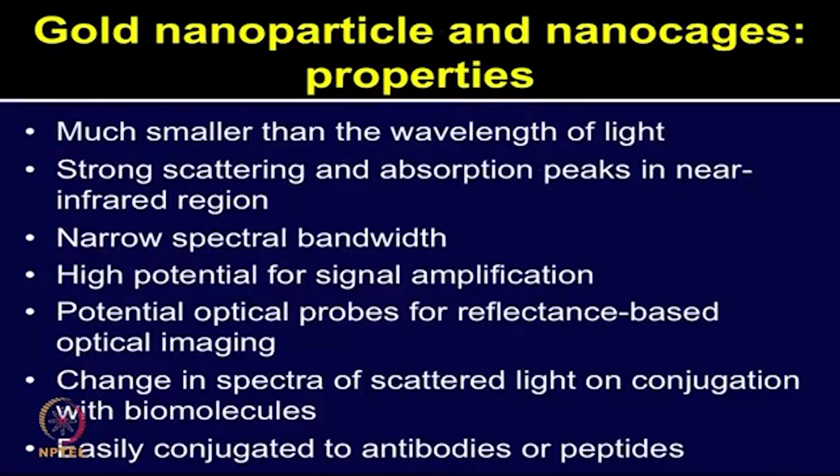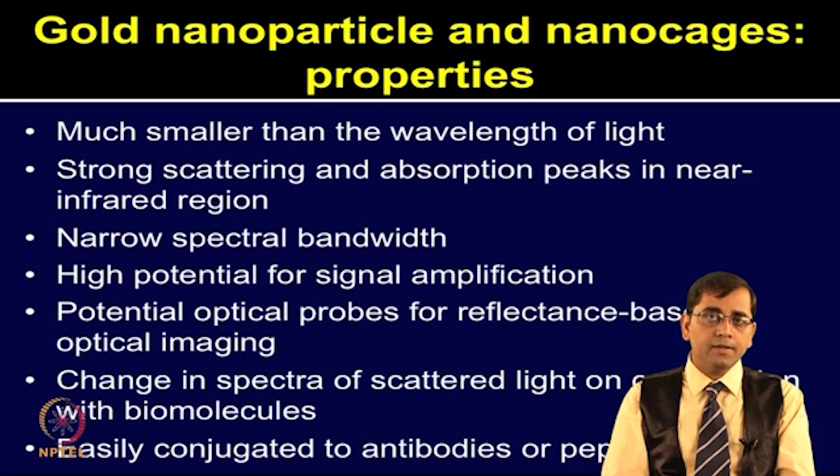Let us now discuss some of the properties of gold nanoparticles and nano cages. These are much smaller than the wavelength of light. They offer strong scattering and absorption peaks in the near infrared region. They have very narrow spectral bandwidth.